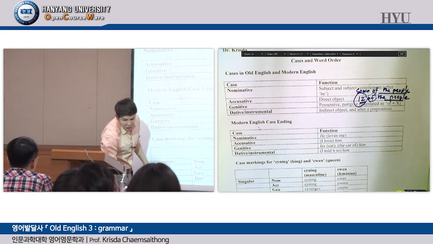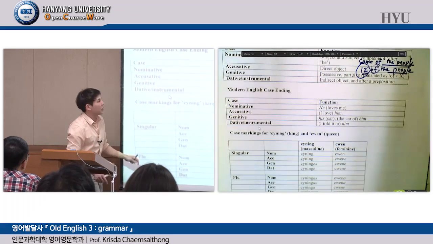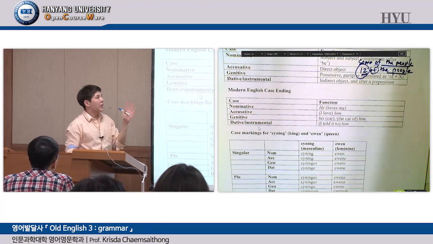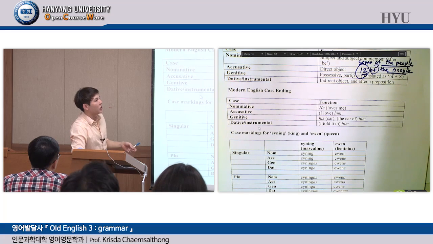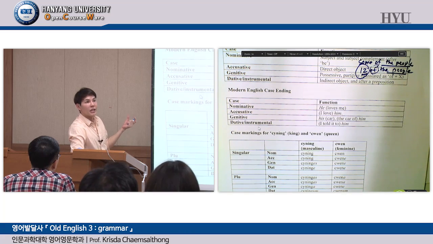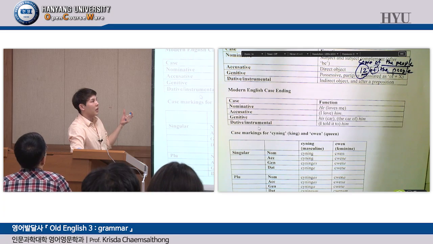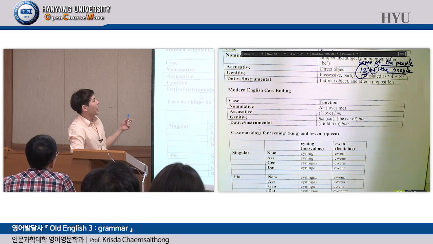Now, in modern English, we have case endings, but we only have case endings on pronouns, not nouns. So nominative case, you use he, the form he, subject, as in he loves me. But accusative, you use him. So two different cases. You see that? But for nouns, we don't have any case ending.